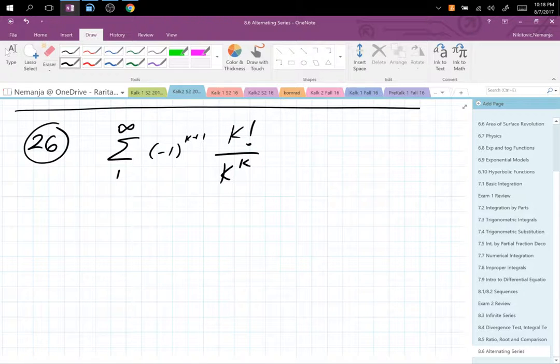So how do you show decreasing, guys? What are the three ways to prove that something is decreasing? a_k is equal to k factorial divided by k to the k.